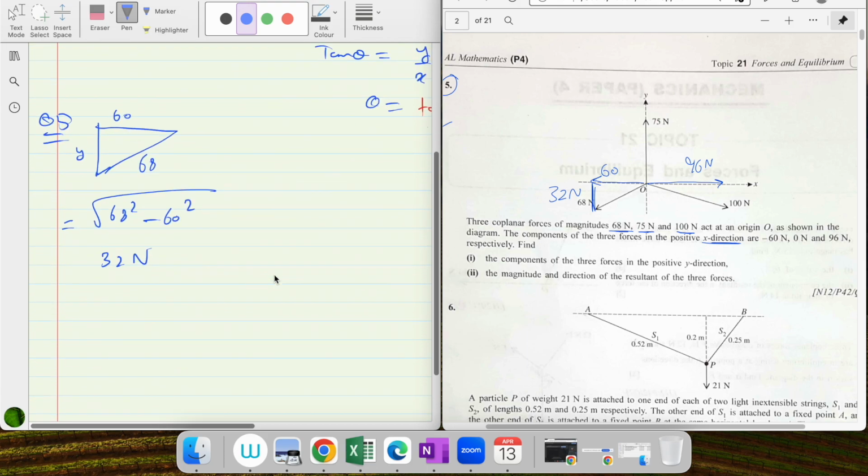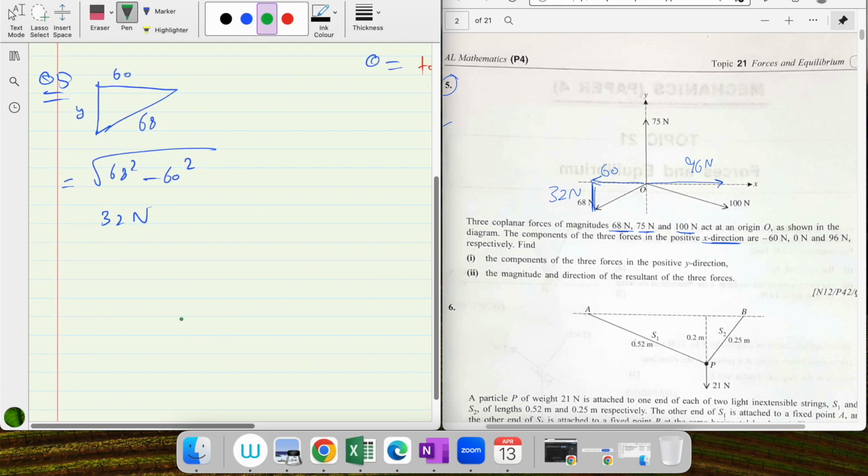Now for the 100 newton force, the square root of 100 squared minus 96 squared, I'm getting 28. So this component is 28 newtons. For the 75 newton force, that is already in the y direction and complete, 75.